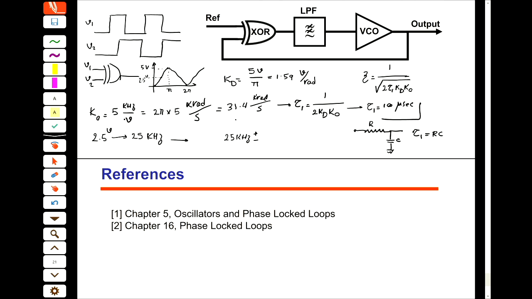So 1 volt of change is 5 kilohertz, and now we can change 2.5 volt. So plus minus 2.5 multiplied by 5, which is 12.5.